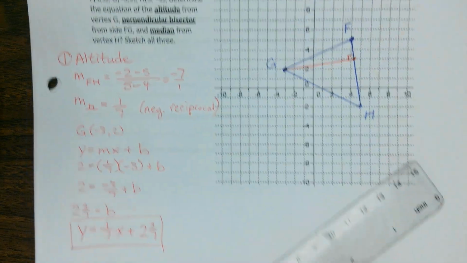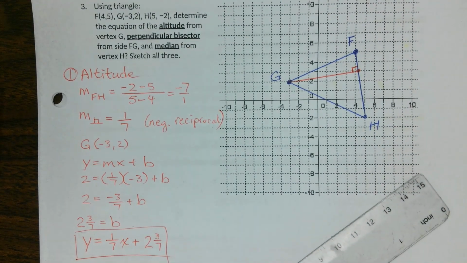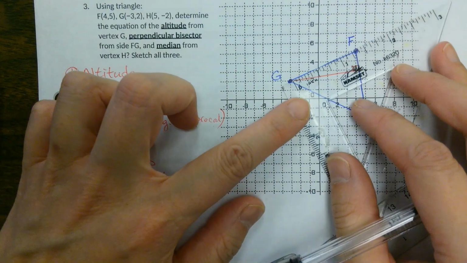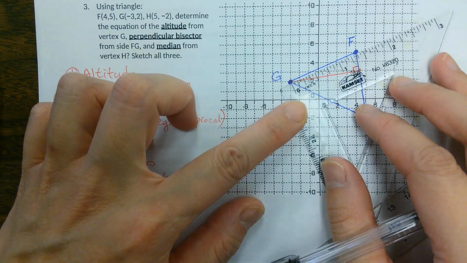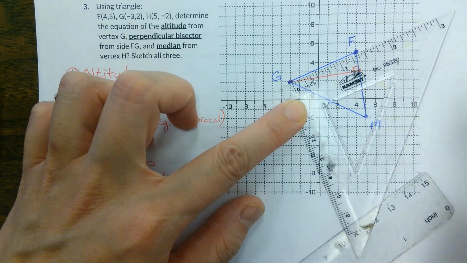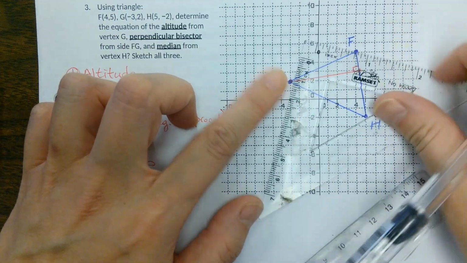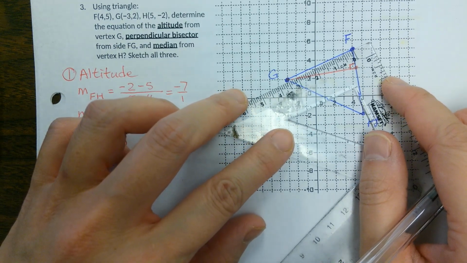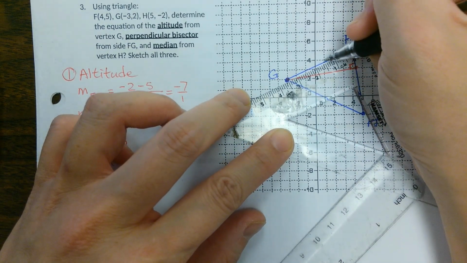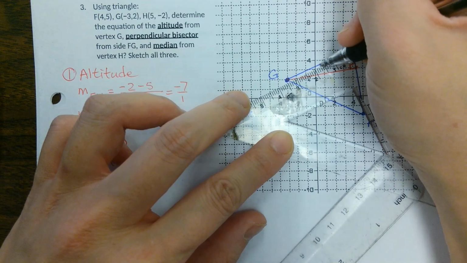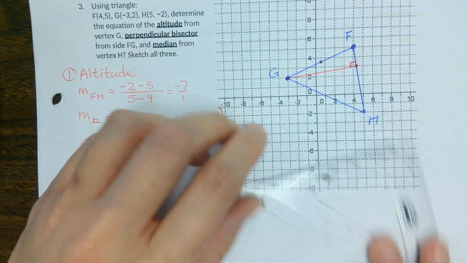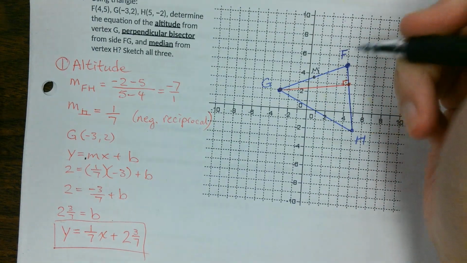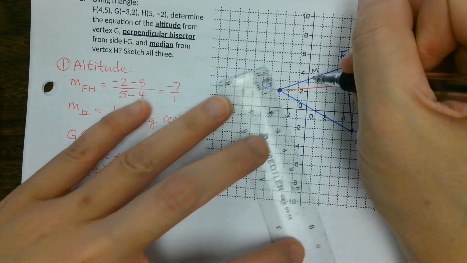I need a ruler where I can actually see the numbers. 3.5, so 1.75. Well, right here. Right, that's the midpoint. And I'm drawing a perpendicular line.